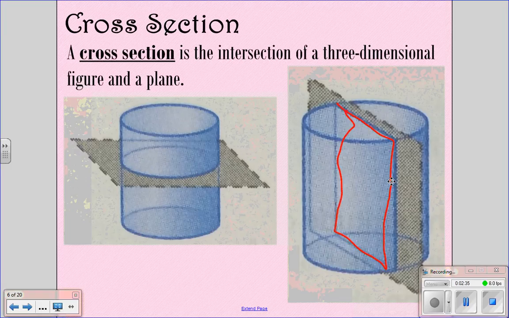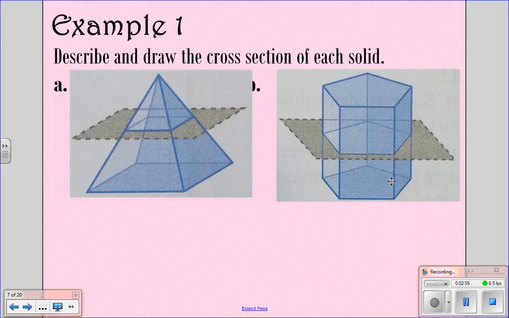And so that is not a circle, that's a rectangle there. Okay, so those are the two ways that we could intersect it. You can intersect it a bunch of different ways as well. It just depends on what they give you for the plane and the solid as to what kind of cross section you'll have.